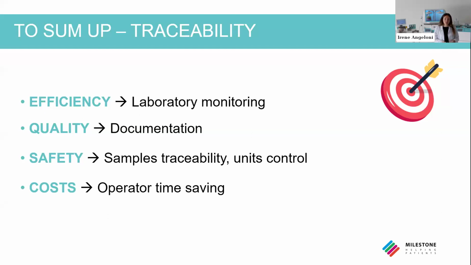We always know in which step the sample is. We can detect if errors with the codes are present, and with the automatic tracking system, we avoid also the time-consuming procedure of manual scanning, and we can use this time for something useful.